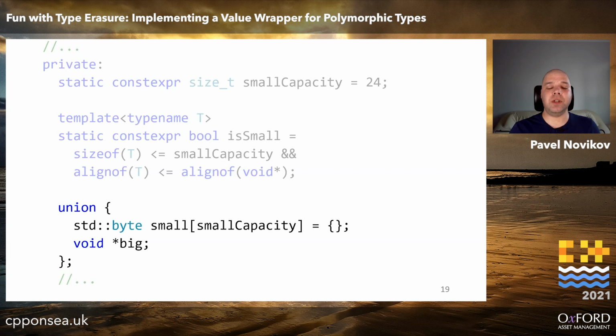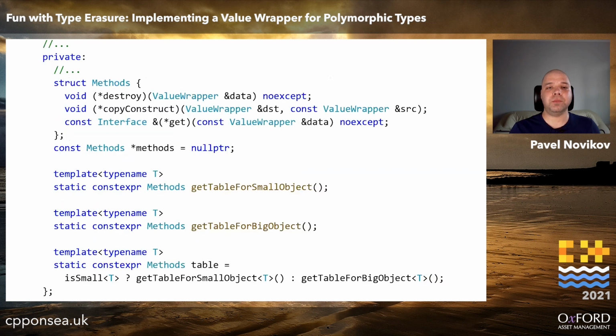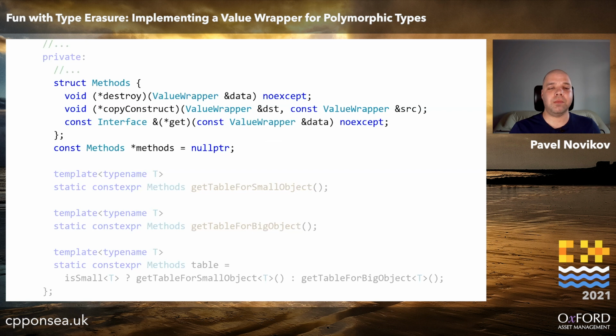And we use either of these names, depending on which type of object we currently store. Okay, the next thing in the private section is struct methods, which contains three pointers to functions: for destroying, copy construct, and getting the reference to the underlying object.